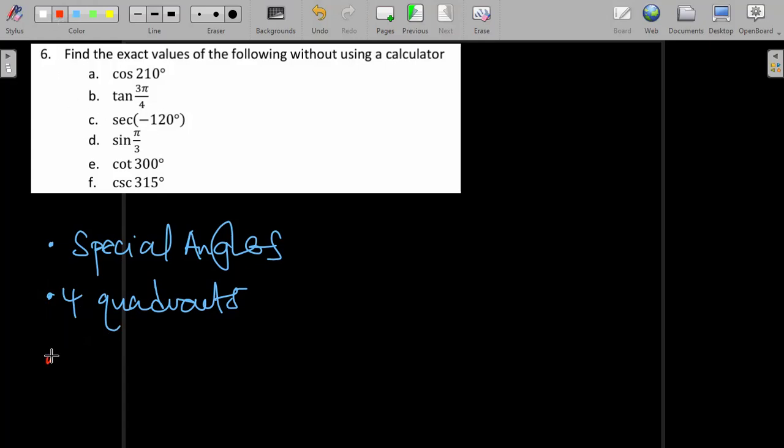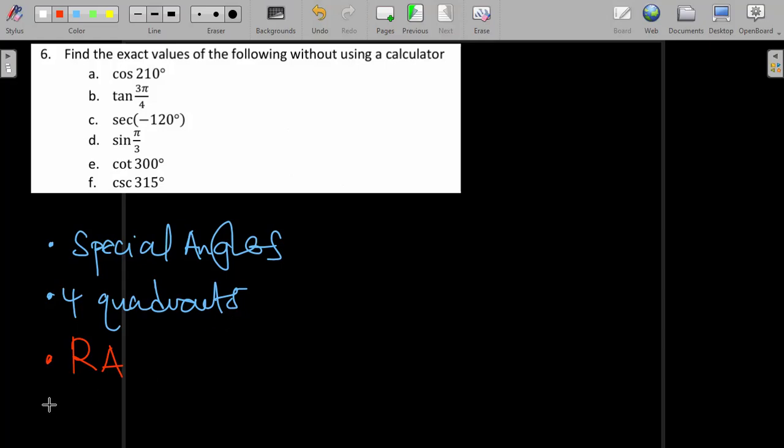And three, you need to know how to find the reference angle in each quadrant. The reference angle simply means we are turning any other angle that we've been given into a special angle. And once we have it as a special angle, it will be very easy for us to evaluate it. We won't need any calculator.